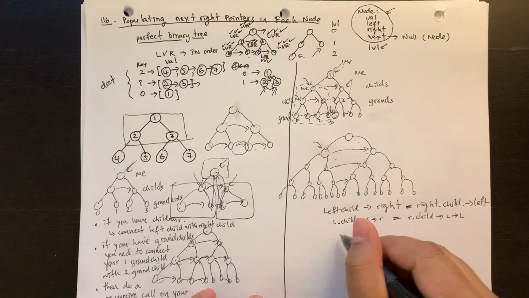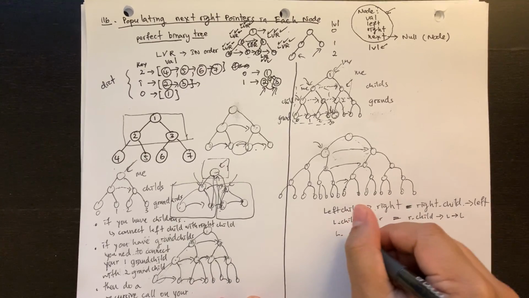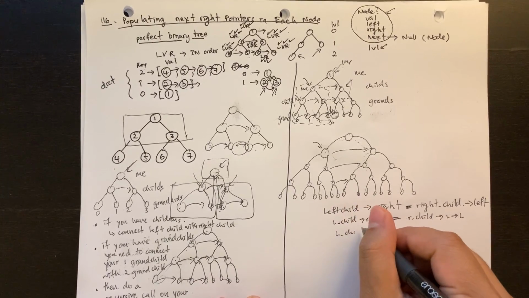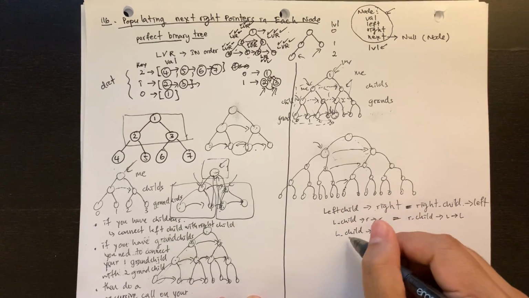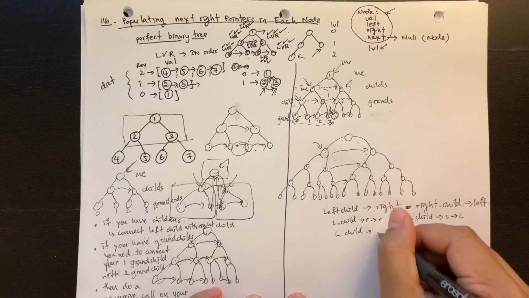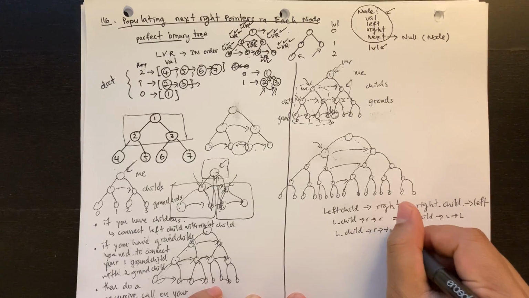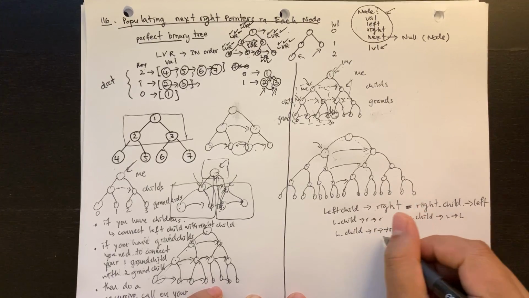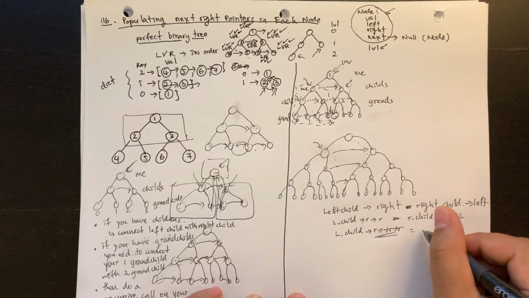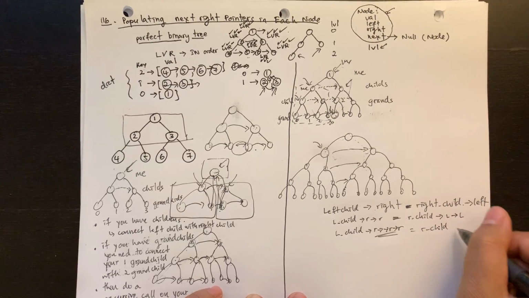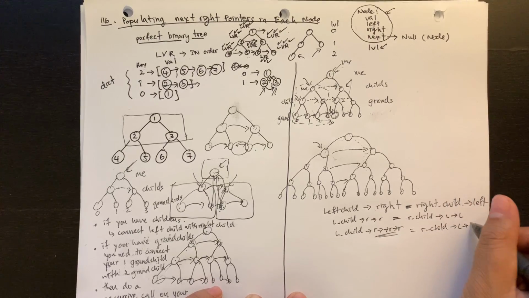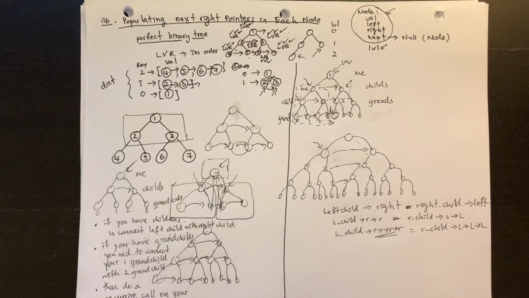So basically, while there is a left child, we update our pointer. If this is not none, we still want to connect with child dot left. I think it should work.